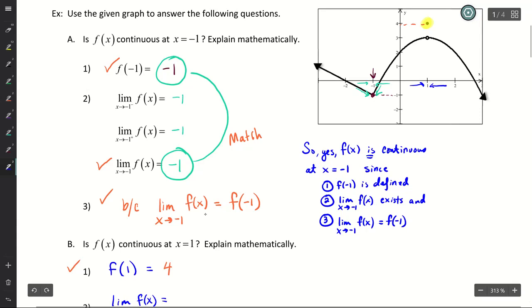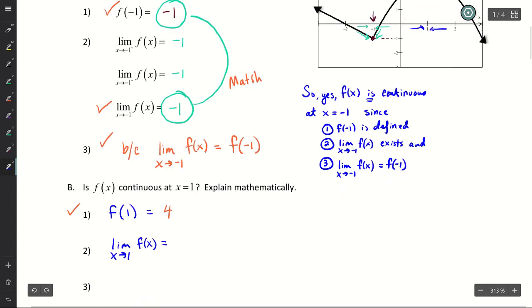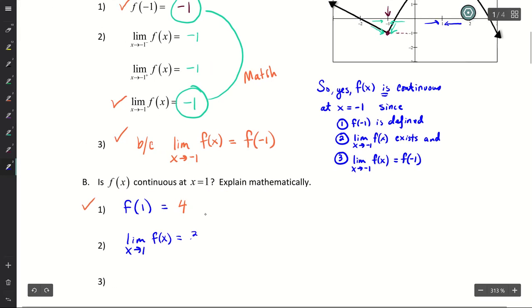If we approach it from the left, that's what my function values are getting close to. If I approach it from the right, that's what my function values are getting close to. They're getting close to this open circle. The function value they're getting close to is 3. So that limit does exist. So the second part of my definition is met, and we'll check that off.